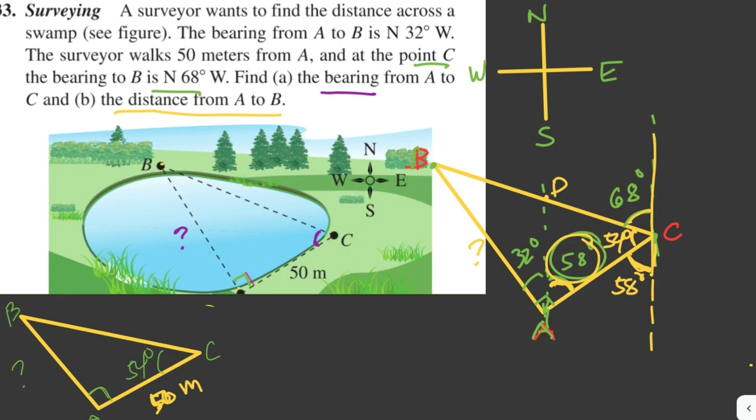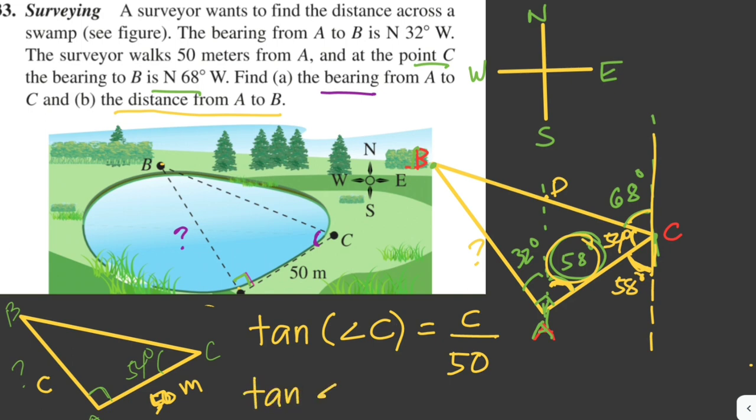Now we can solve for angle C. So tangent of angle C is equal to the opposite side, let's say small c, over the adjacent side, which is 50 meters. And angle C, we got 54 degrees. So tangent of 54 degrees equals c over 50. c is just our side AB.